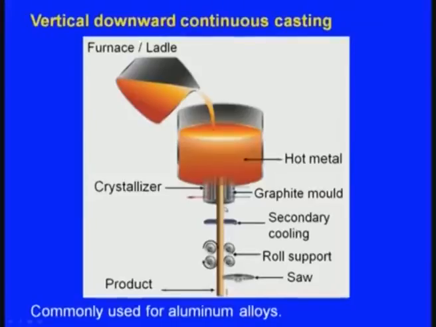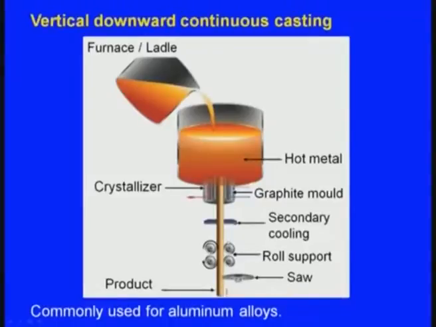As it is flowing, there is a cooling system, and also there is a crystallizer. Because of that, it solidifies as it is going out of the graphite mold, and by the time it comes to a place called secondary cooling, it will be further cooled. Further down, there are roll supports.